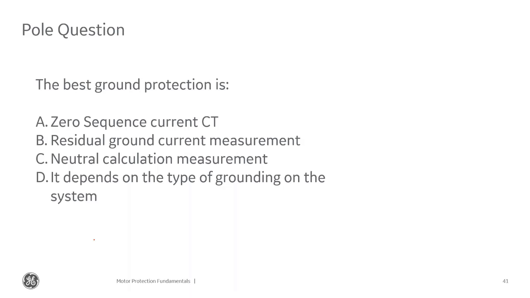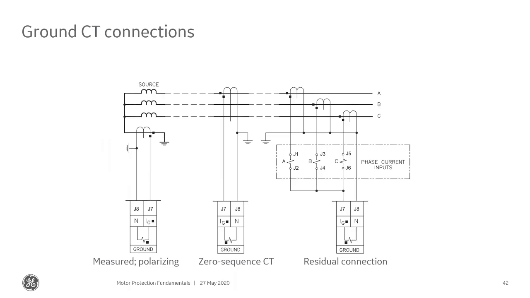Let's talk about the different types of ground CT connections. One of the connections is a zero sequence CT. A zero sequence CT is a CT that basically encompasses all three phases, just like this CT shown here.